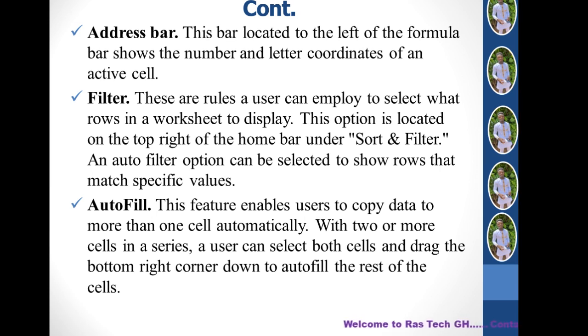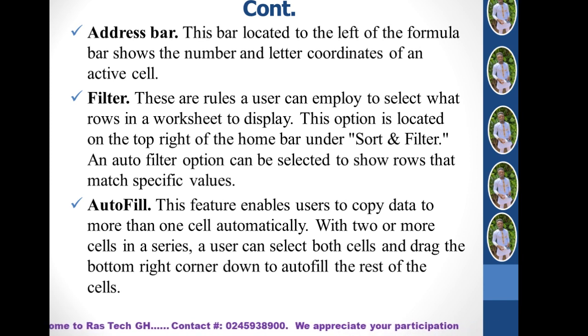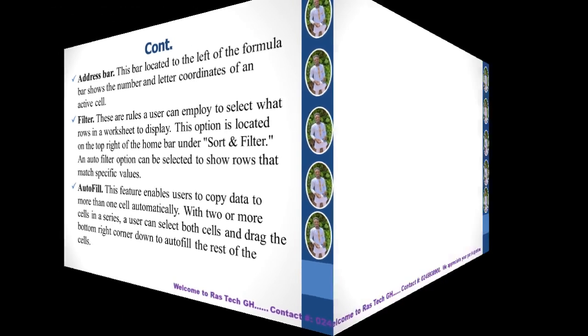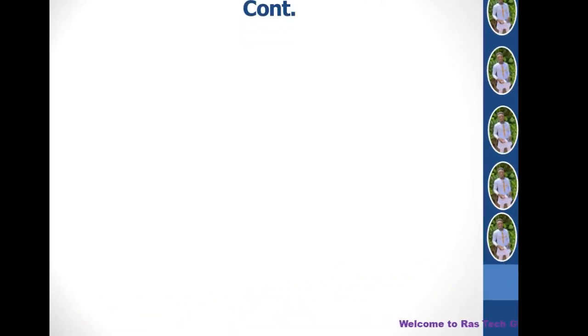If you want to number 1, 2, 3 and the rest, maybe for your students, we have something called a serial number. That serial number needs numbering, so we use autofill. When you use autofill, it will automatically number it in ascending order, in a series manner.